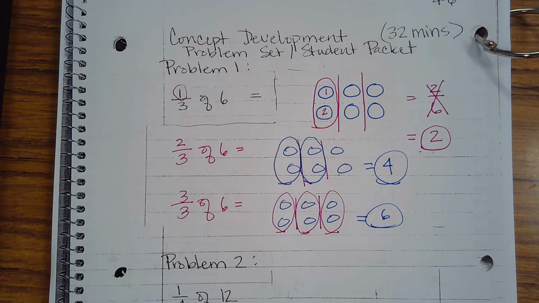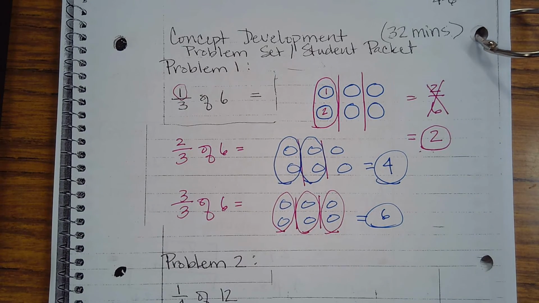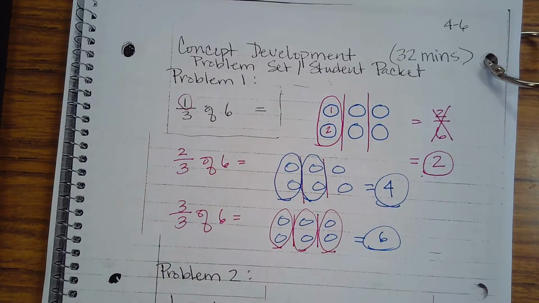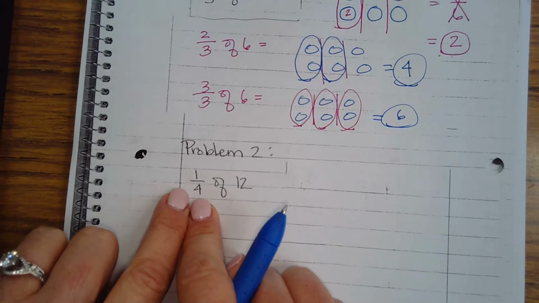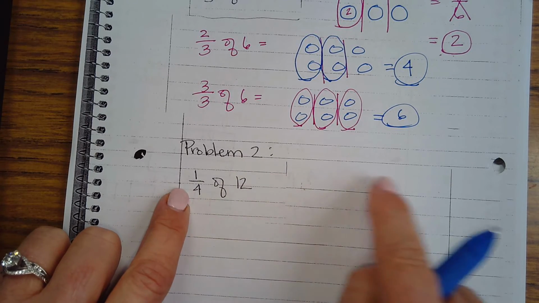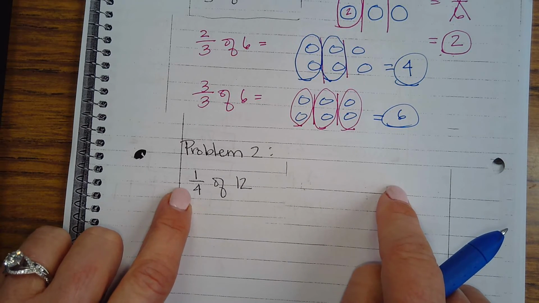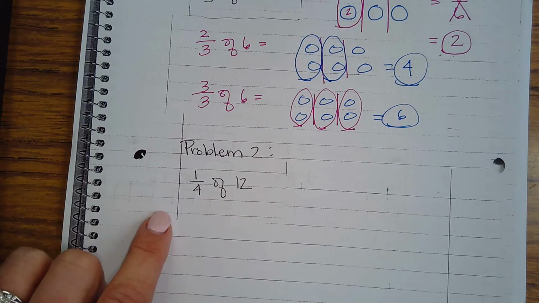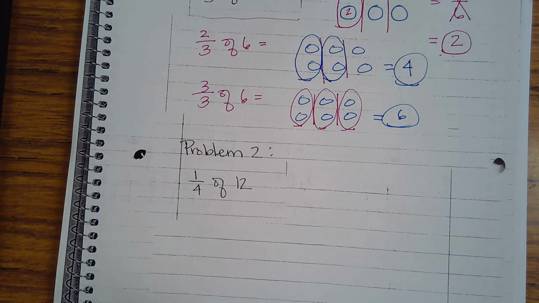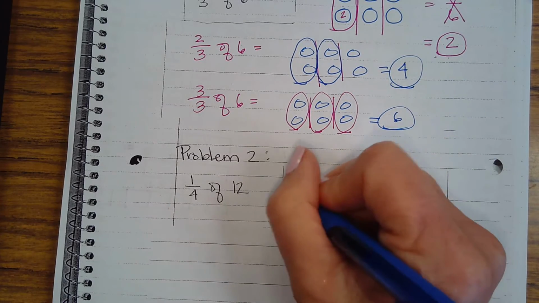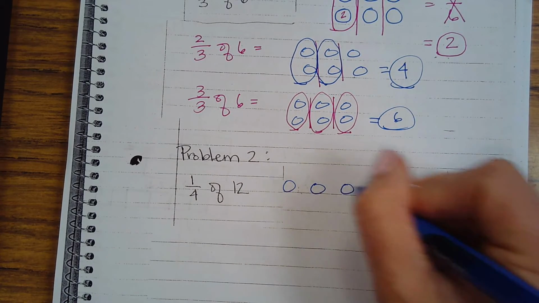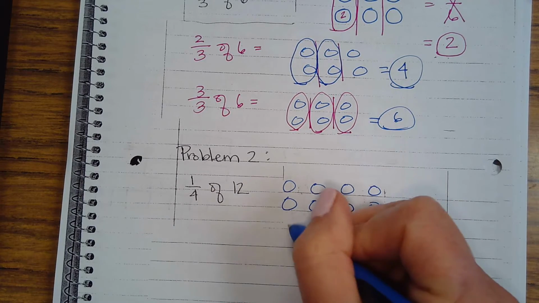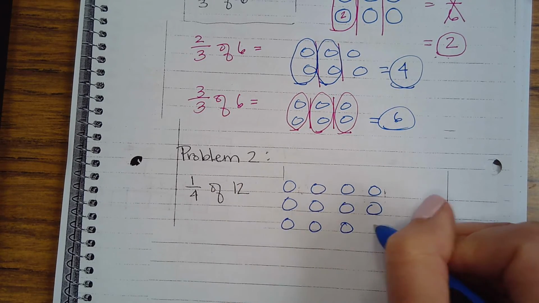So that's what we're going to be doing through this lesson. We're going to use what we know about an array. We're going to divide it up into equal parts. And then we're going to find out what one part of that is. So let's start out with 12. 1, 2, 3, 4, 5, 6, 7, 8, 9, 10, 11, 12.